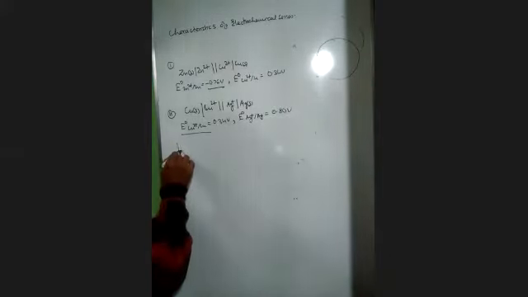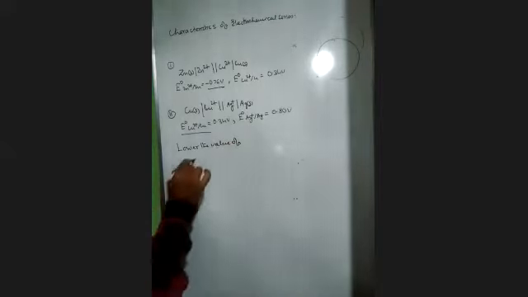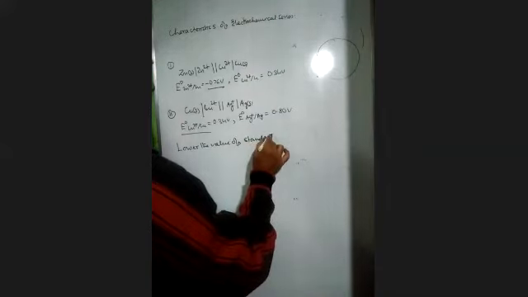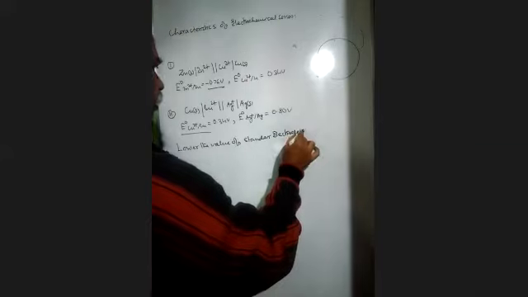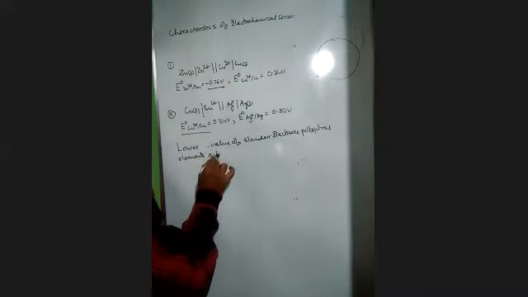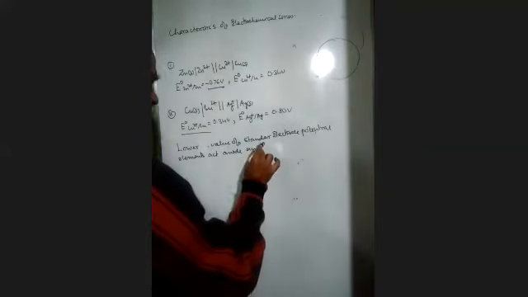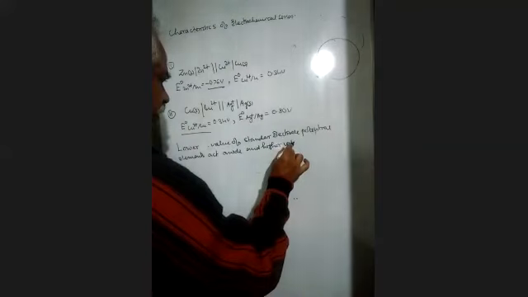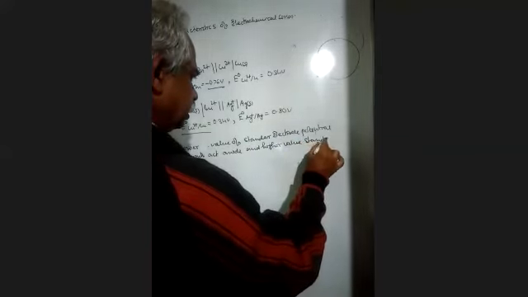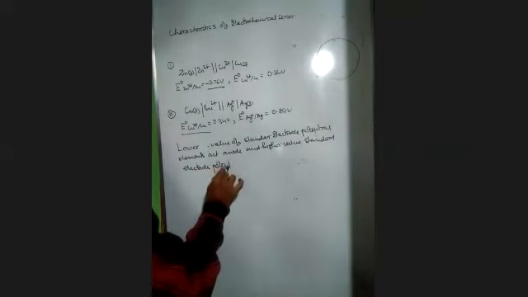We can say, lower the value of standard electrode potential, elements act as anode, and higher value of standard electrode potential, elements act as cathode.